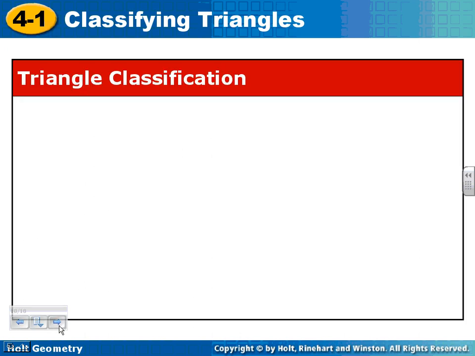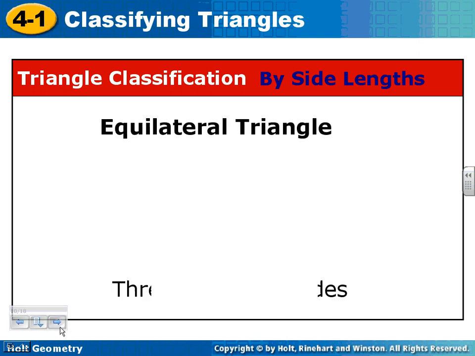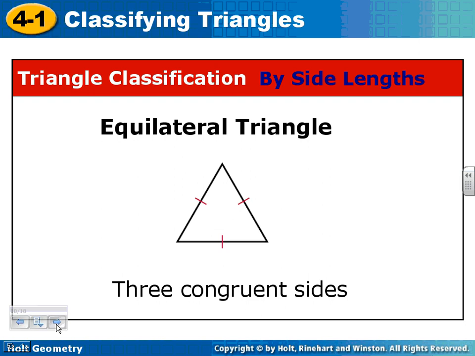Now let's talk about side length. Look at this first one. Equilateral means all three angles are congruent. Notice these tick marks. All three sides are congruent. I think I said angles. Let me repeat that. It's all three sides are congruent. So vocab word, equilateral.